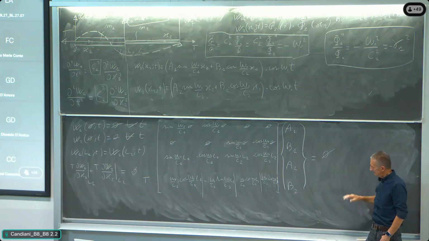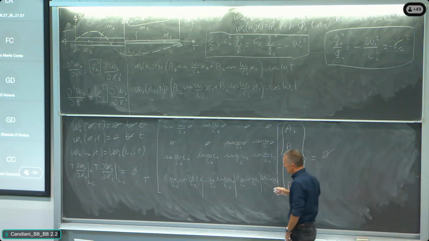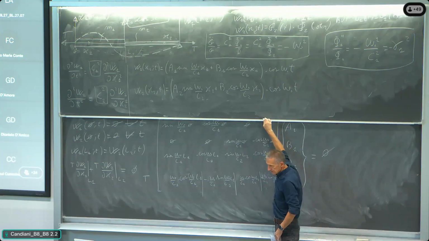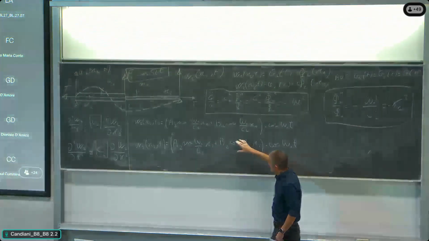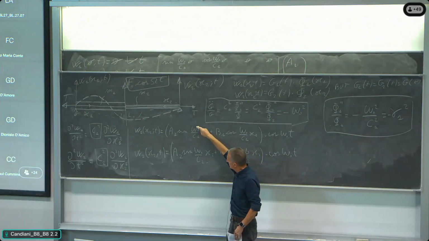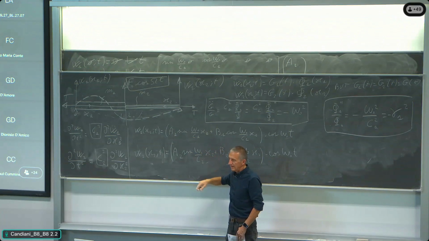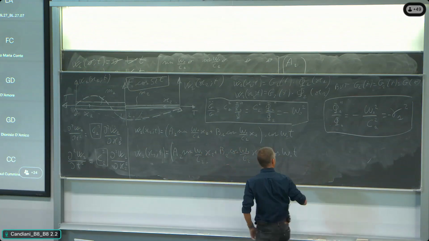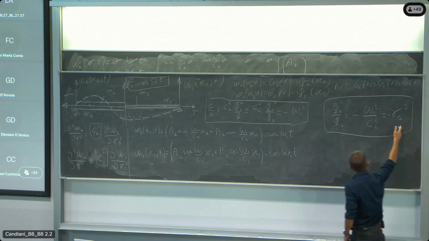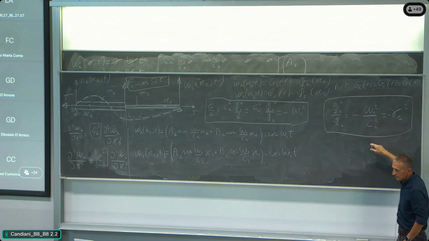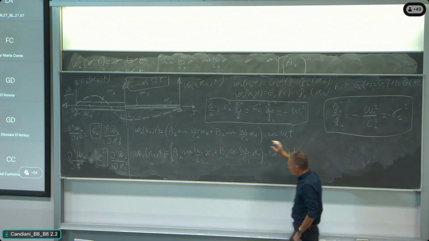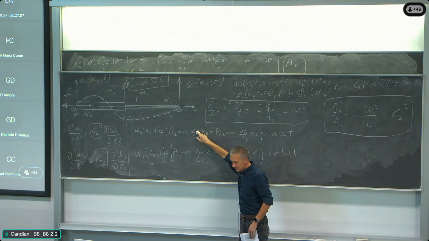But pay attention that on purpose, we decided to make clear that here I have omega. I wrote omega, I didn't write gamma. I wanted to write omega, considering that gamma is equal to omega divided by C. So I want to show that this is omega.